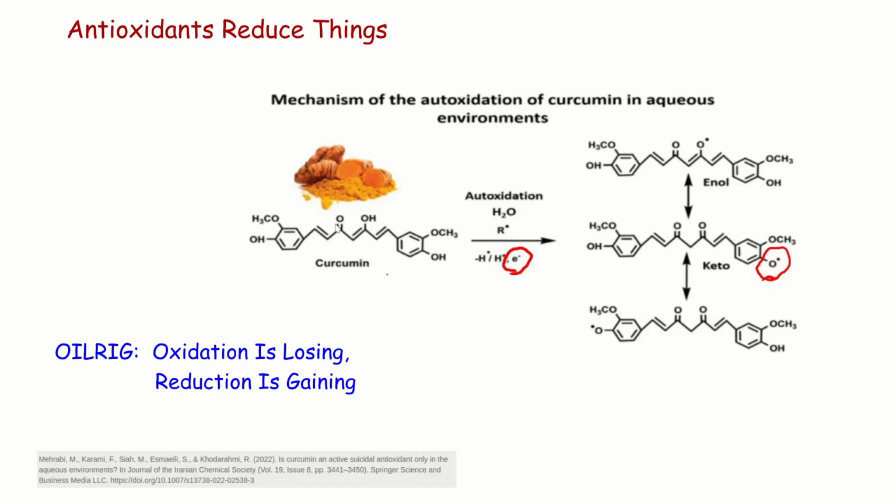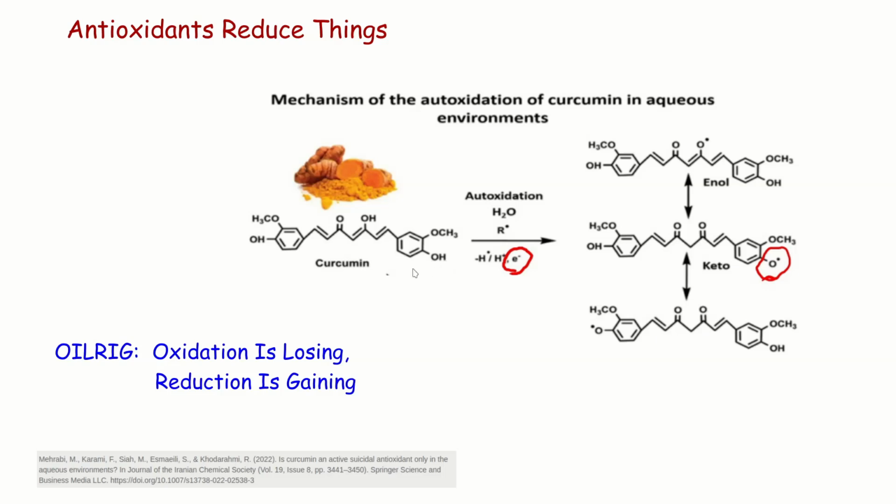This is a classic antioxidant, curcumin. You probably all heard of it. It's a spice. I'm spacing on the actual name of the spice right now, but Google it, you'll find it. So curcumin has this OH right here.